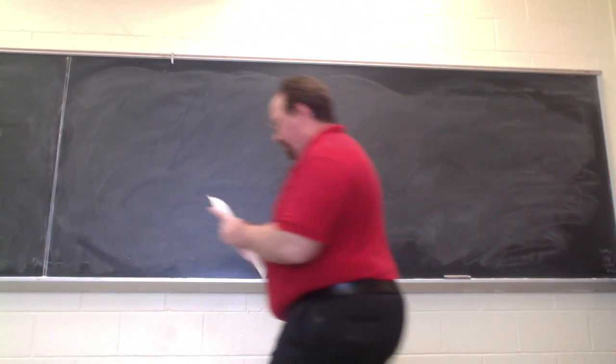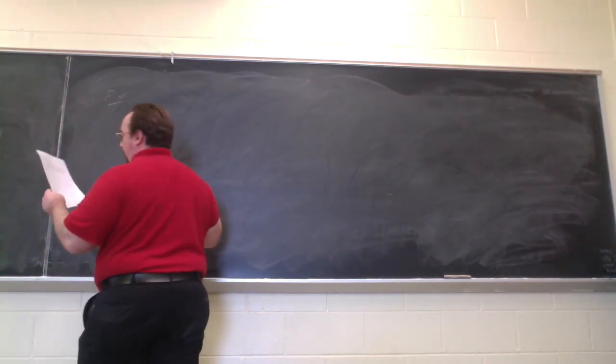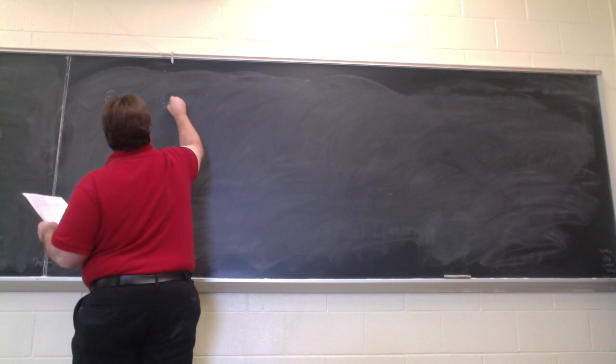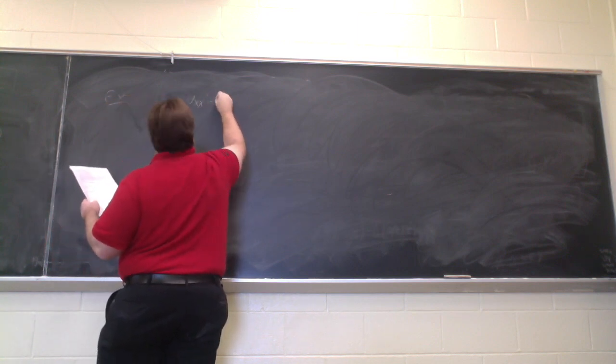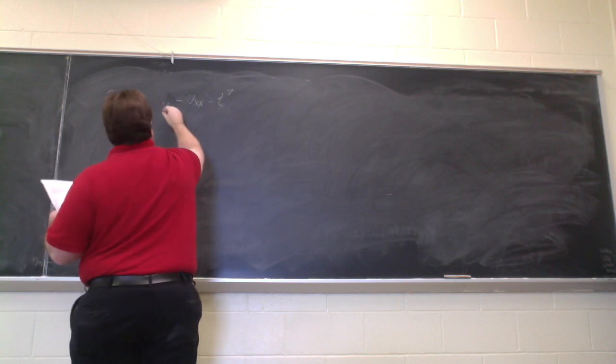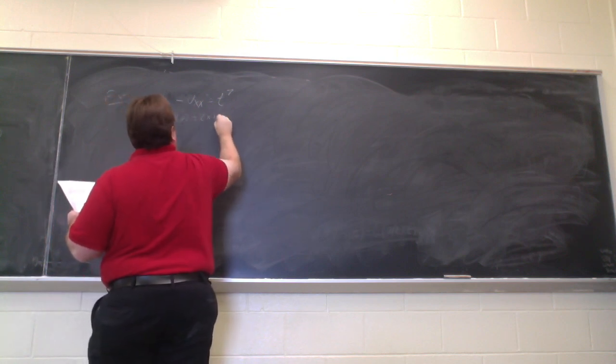So we have a non-homogeneous wave equation, u_tt minus u_xx. So c is 1. It's t to the 7th. And then here's our initial data.